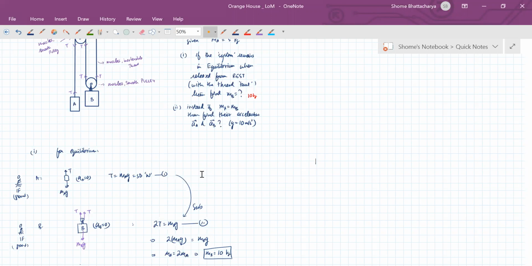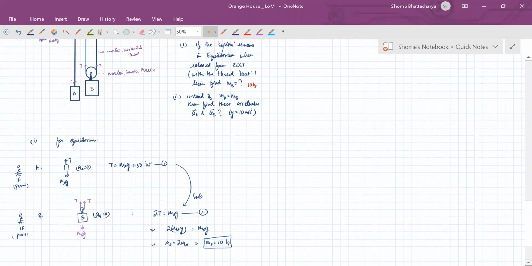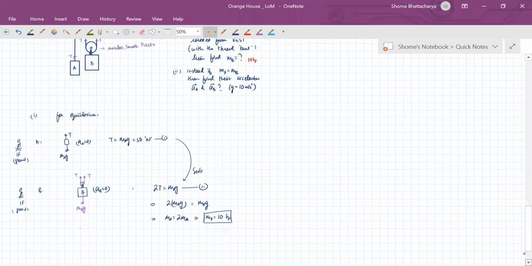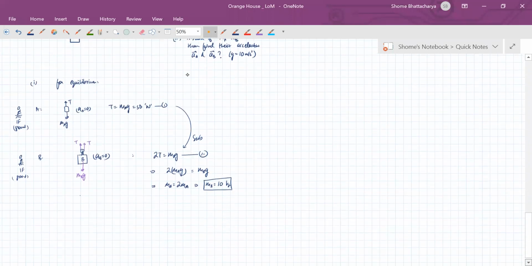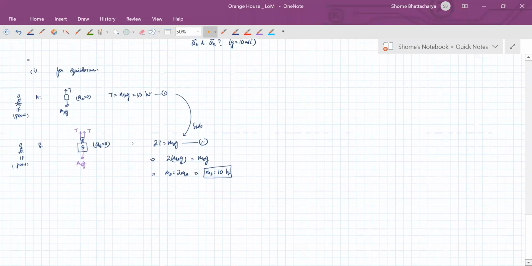Okay, next let's come to the second part. So the first thing in the second part is, now mass of B is equal to mass of A, equal to 5 kg. So from part 1 we saw that M should have been 10 kg to keep the system in equilibrium.